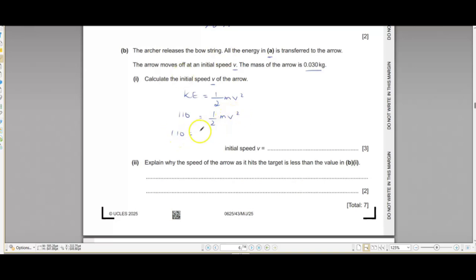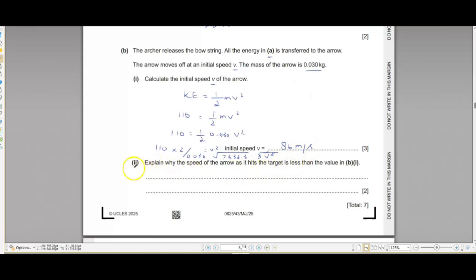So 110 is equal to half times 0.030 times v squared. 110 times 2 divided by 0.030 is equal to v squared. This is going to give us 7333.3 for v squared. Since we just need v and not v squared, the square root of this number is going to give us an answer of 86 meters per second.